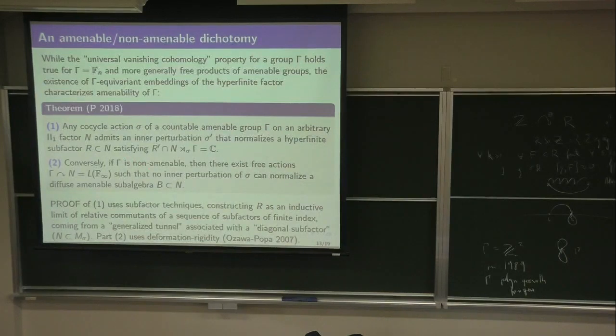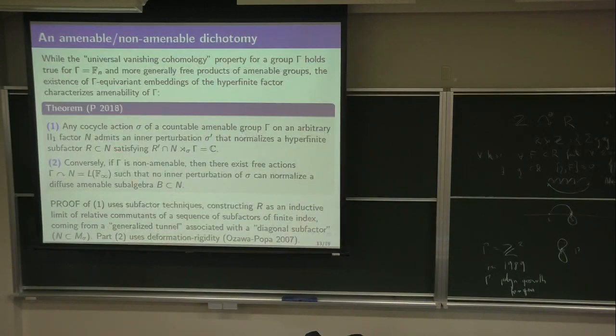More precisely, you have one implication: if Gamma is amenable, you have such a subfactor indeed. And if Gamma is non-amenable, then there exists some action, more specifically a free ergodic action of Gamma on the free group factor with infinitely many generators, such that no inner perturbation of sigma can normalize a diffuse, even abelian, I'm sorry, amenable subalgebra of N.